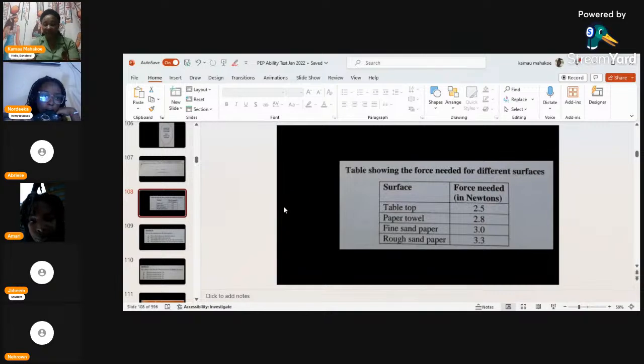Okay, anybody disagrees or agrees? Do you agree or disagree with Amari? So the tabletop, a regular tabletop, would be relatively smooth, wouldn't it? And the paper towel is a little more textured, because usually a paper towel has indentations in it because you want it to absorb.